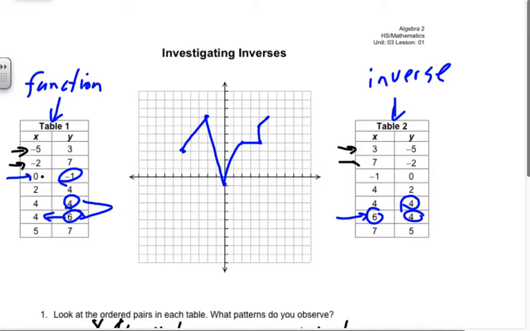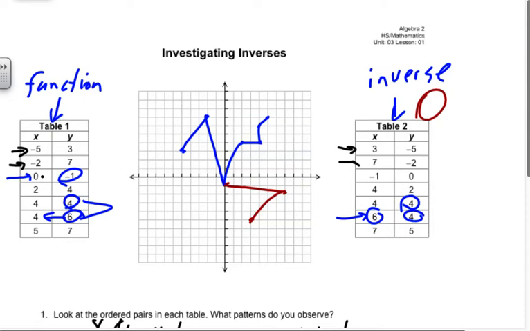Okay, so now I'm going to come back over and I'm going to plot this table in red. So I'm going to have 3, -5, and then I will have 7, -2, and I connect those 2 points. And I'm going to have -1, 0.